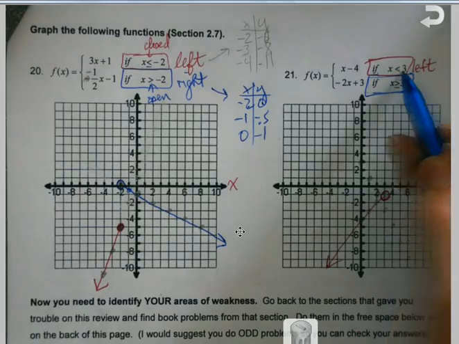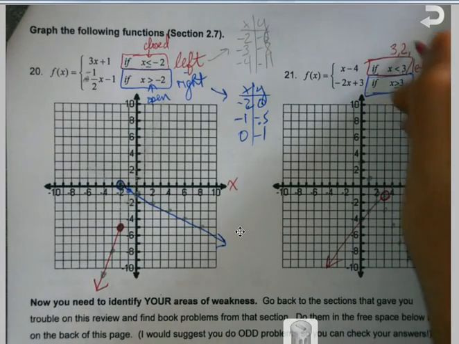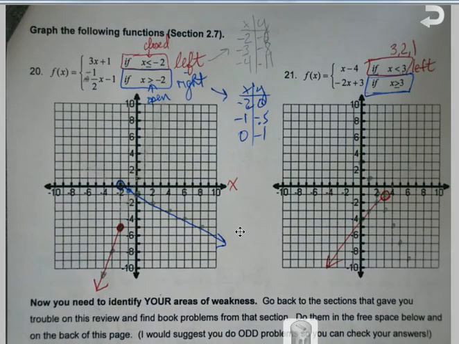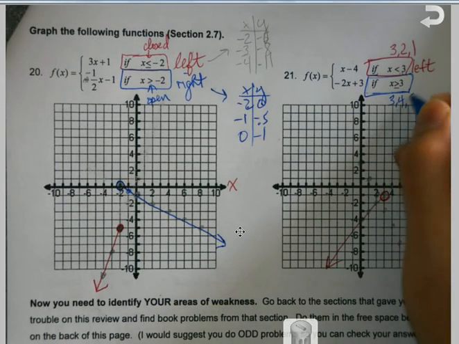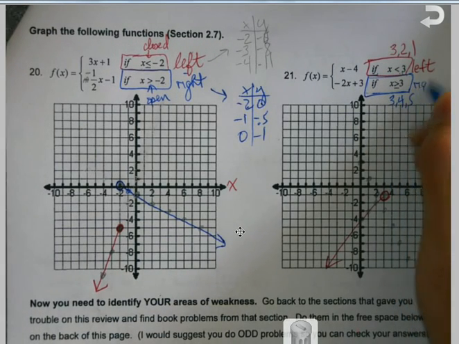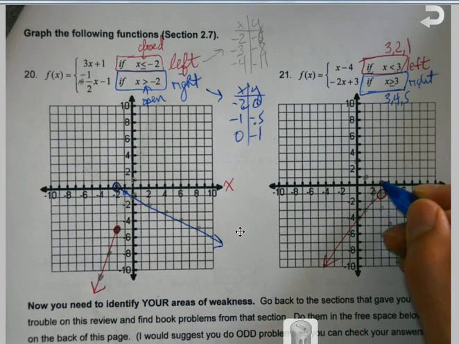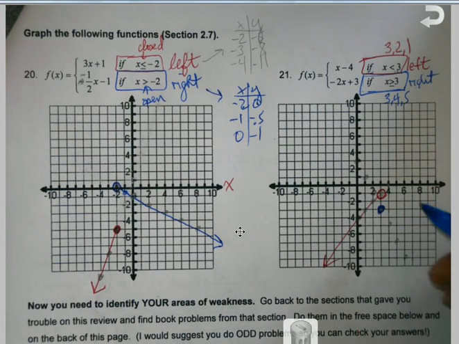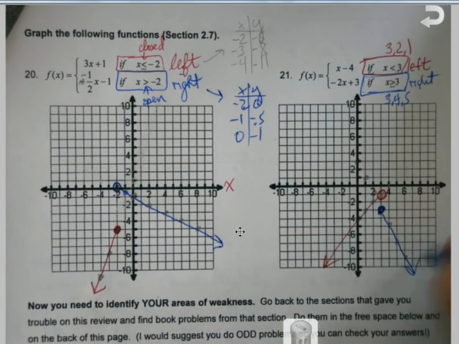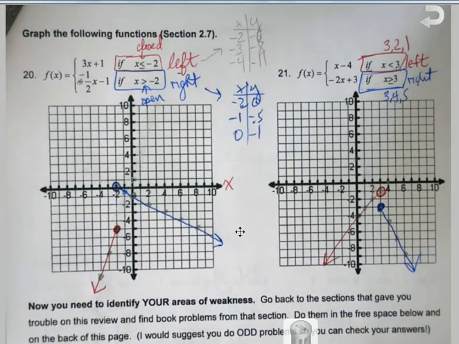Because here I'd used 3, 2, and 1 because my values were getting less if I was charting. Here I'd use 3, 4, and 5 because greater means I'm going to the right. But again, I'm starting at 3. Nowhere else. 3 to the right. Erase.